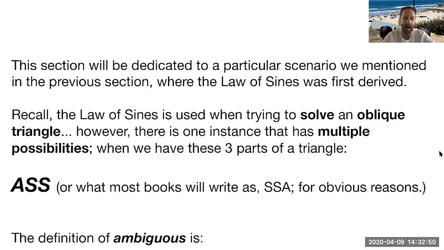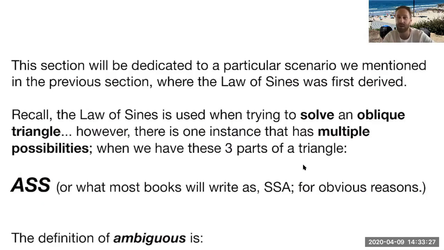So I like to put ASS to remind you to not look like one, because this can be a tricky part where there's actually more than one triangle. When dealing with this angle side side scenario, which most books again are going to put SSA, side side angle, I wanted to remind you that this can be troublesome and you don't want to look like one.